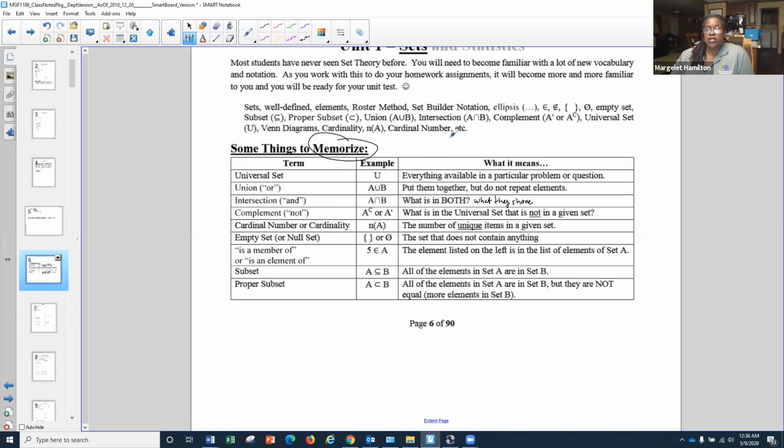All right. So at the bottom of the page for Unit 1, we're looking at our sets material. In this video, I sent out information in your email to help you set up flashcards. This information would be very good on flashcards.